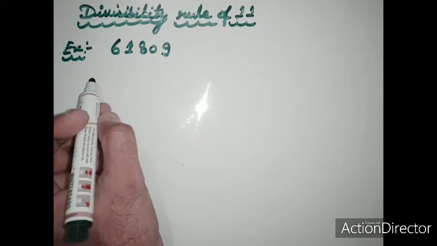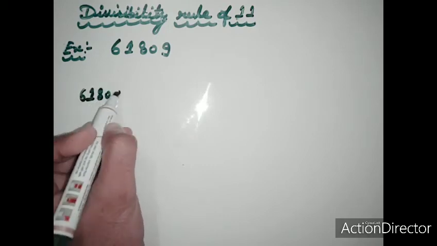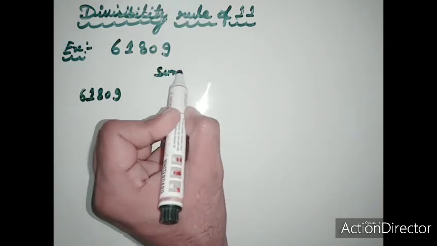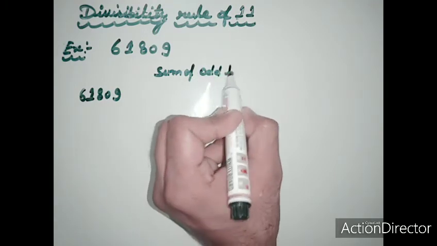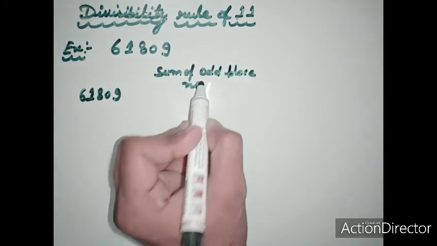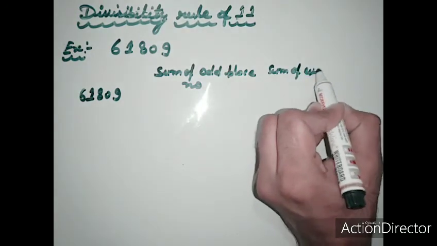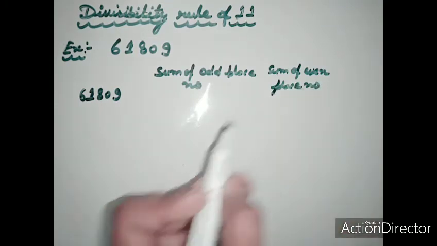Now here first we write this number, 61809. Now here we write the sum of odd place numbers, and here we write the sum of even place numbers.